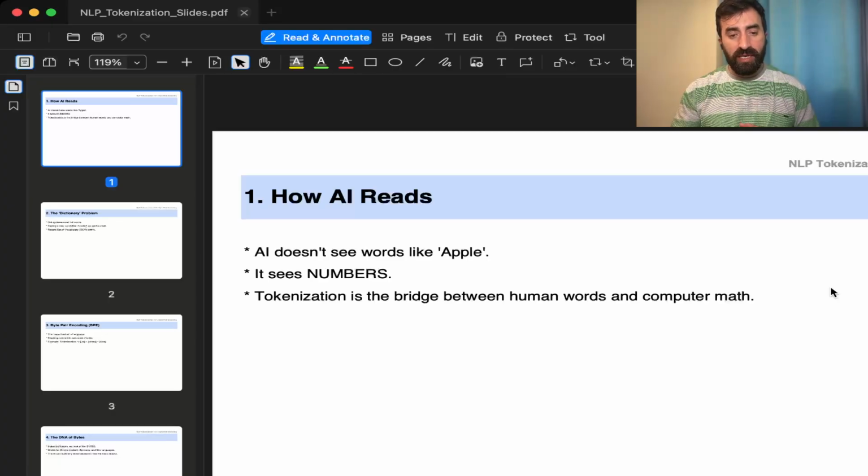To give you an example, the language model does not see the word unbelievable as one giant word. It kind of scares the language model. It sees un plus believe plus able. And even if it has never seen unbelievable before, let's say this is a new word, it can make sense of it because it knows what un means.